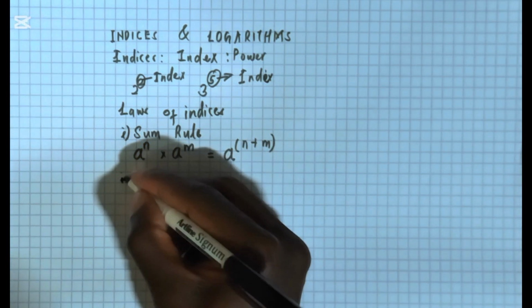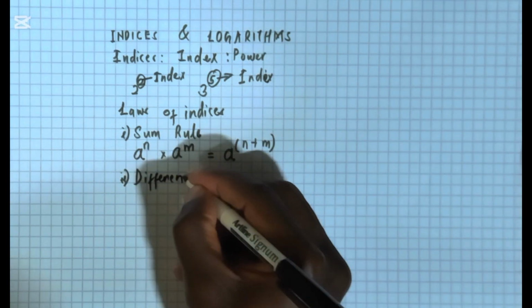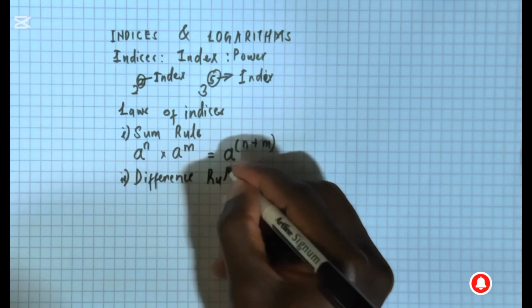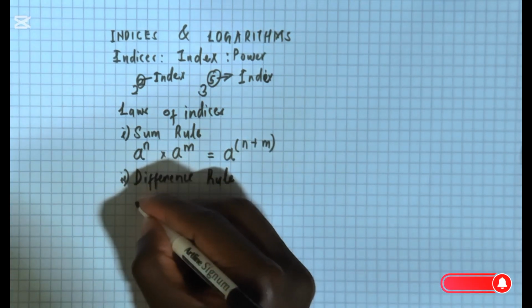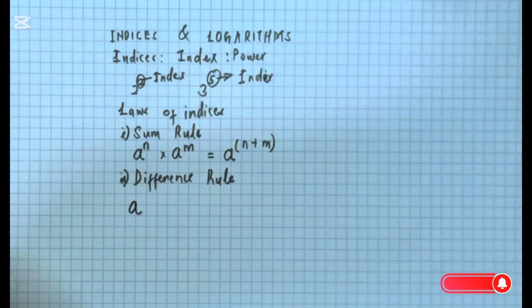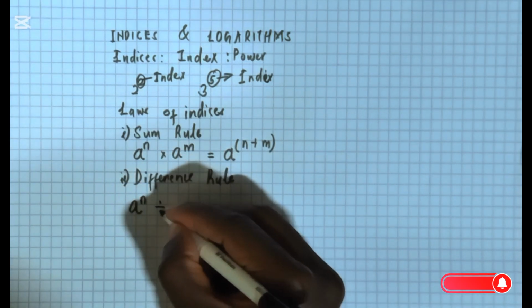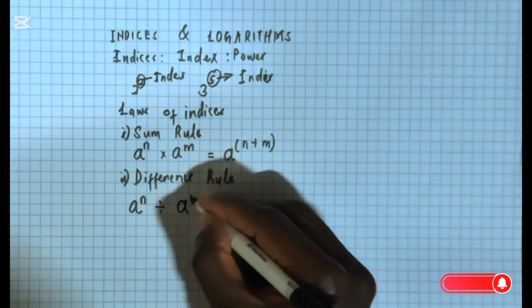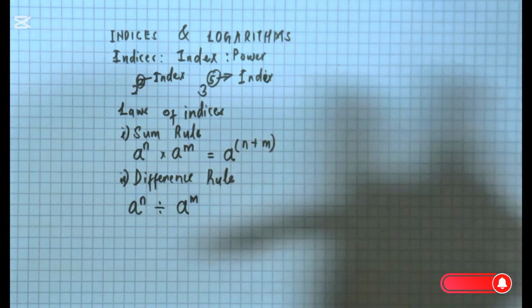The second rule is what we call the difference rule. Again, whenever you have numbers of the same base, in this case a raised to n divided by a raised to m, the numbers have to have a common base.